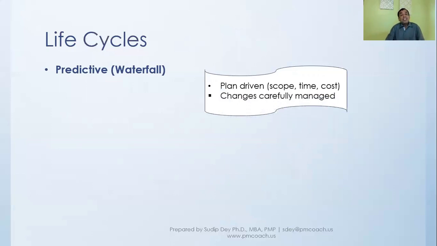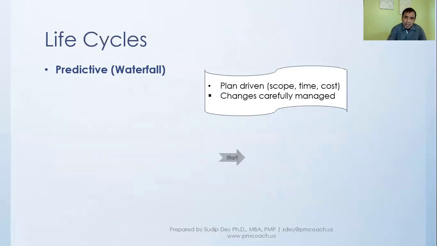Therefore, changes have to be carefully managed, because of our assumption that the requirements are fixed, we have committed to this time and cost, and if any changes come in, it will jeopardize the time and cost commitment that we have made. Therefore, changes in the case of the predictive methodology are typically very, very tightly managed.